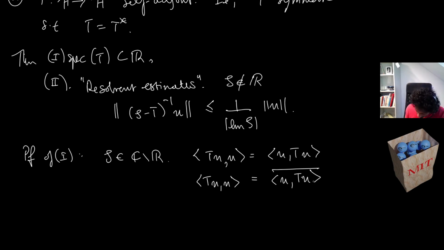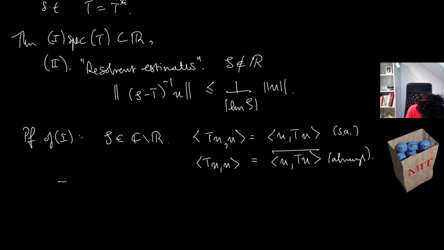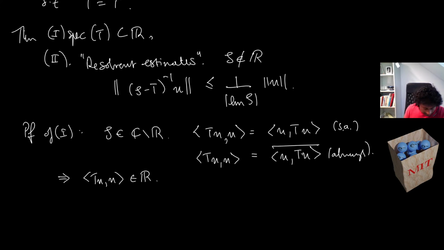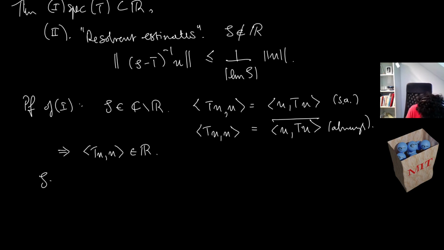The second relation always holds. The first relation comes from self-adjointness. So maybe I should have written it in the other order. What that tells us is that the inner product of Tu with u is real. So then the inner product of zeta u minus Tu with u is exactly equal to zeta norm u squared minus the inner product of Tu with u.